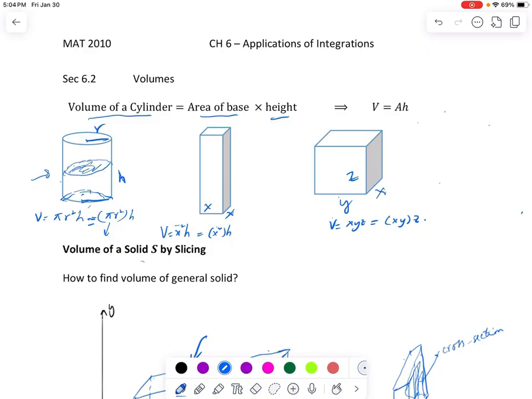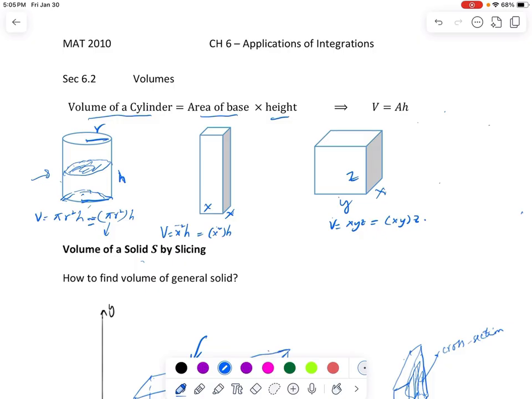You see that you will get circles when you make a cut. So the area of the cross section is the area of a circle.